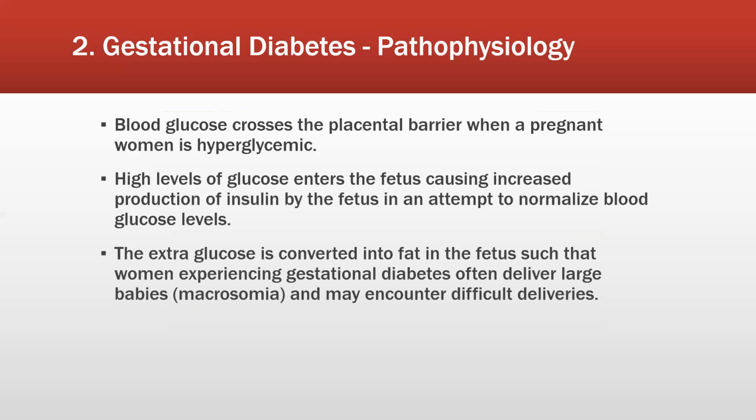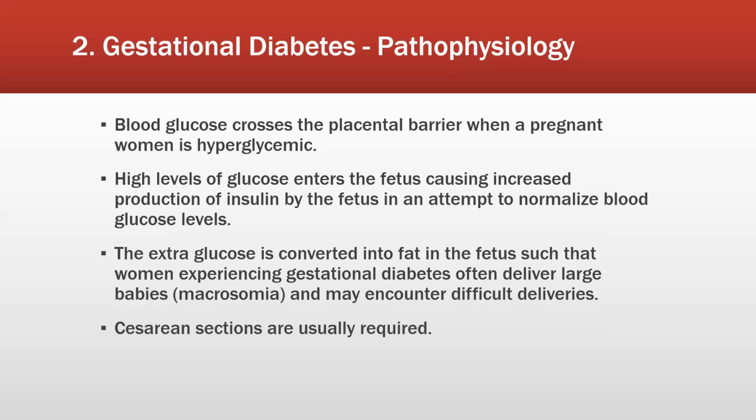All of that extra glucose ends up being converted into fat in the fetus, such that women experiencing gestational diabetes, as I mentioned, often deliver very, very large babies, something called macrosomia. This can make delivery very difficult, if not impossible.